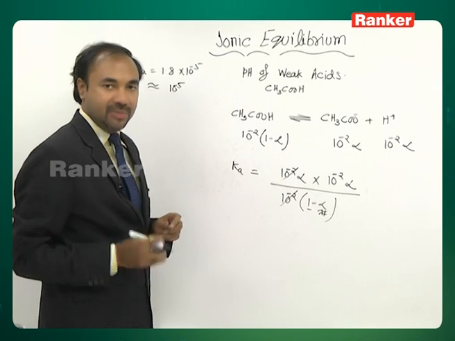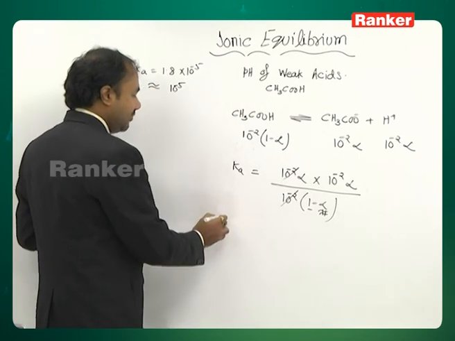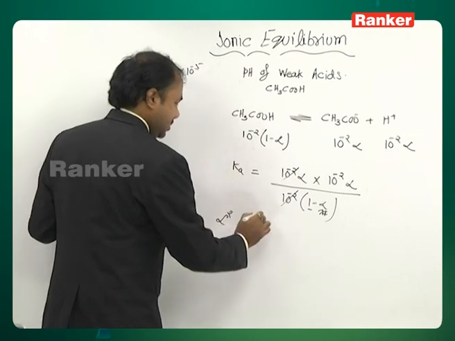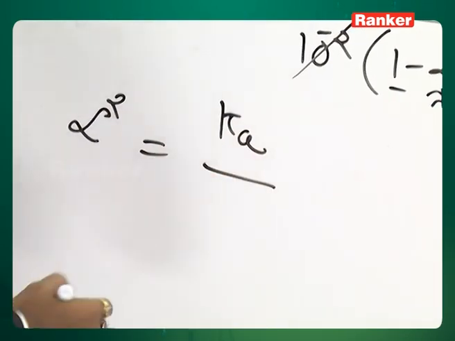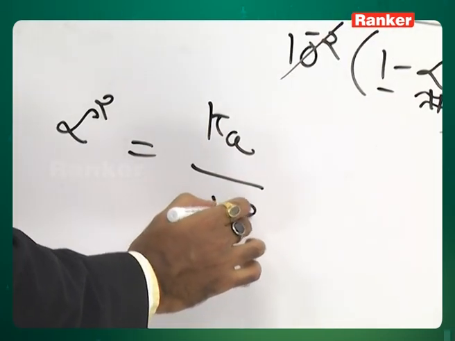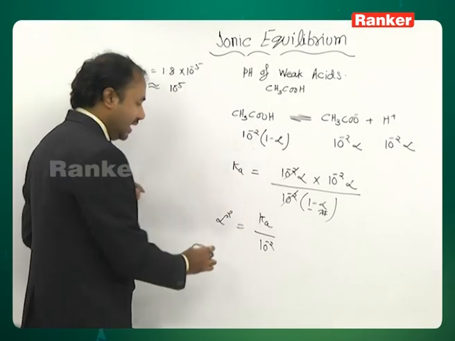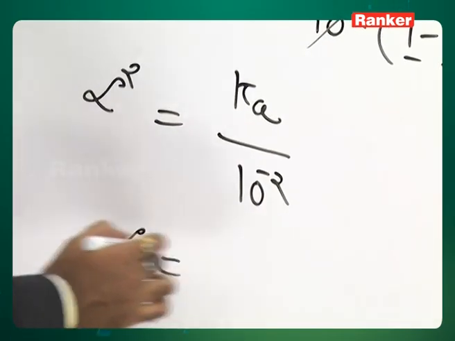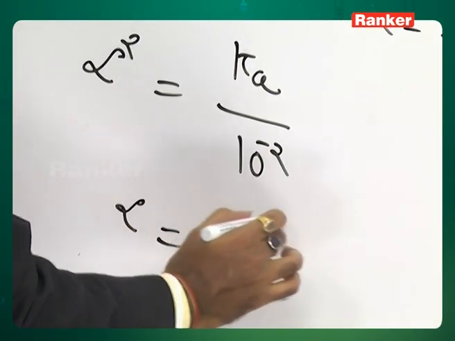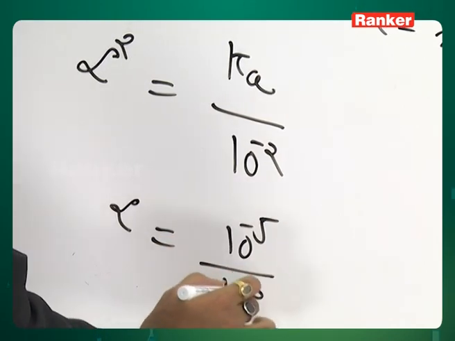If I take this approximation, we get alpha square equal to Ka by C, which in this case is 10 to the power minus 2. We get alpha as equal to the square root of Ka, which is 10 to the minus 5, upon 10 to the power minus 2.